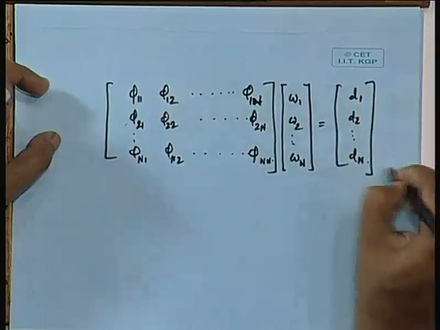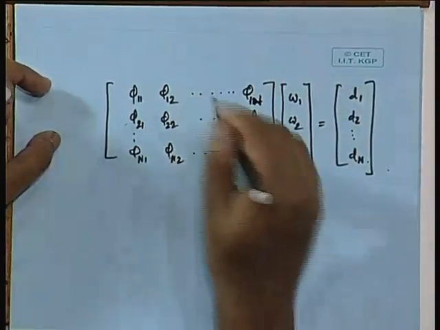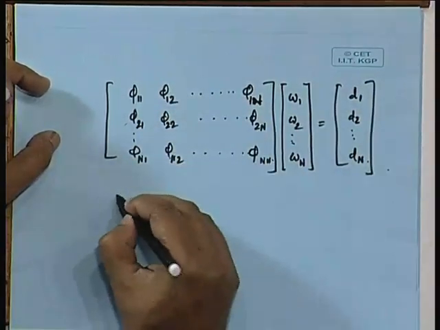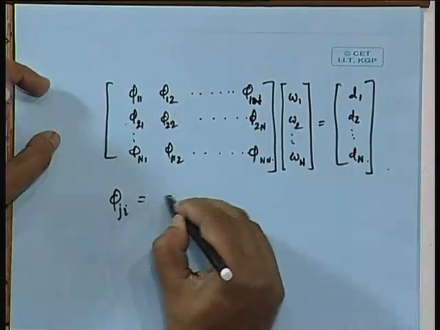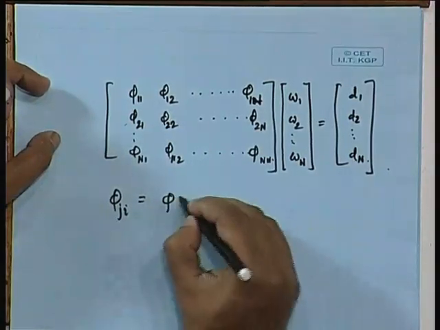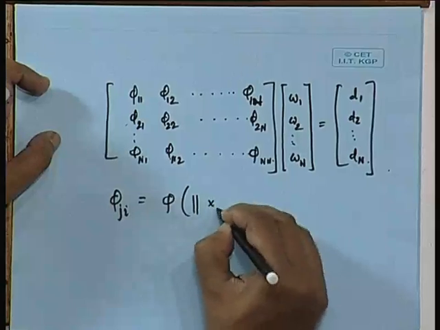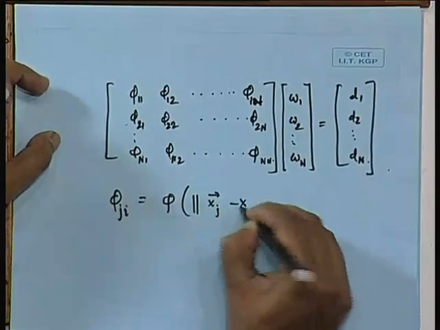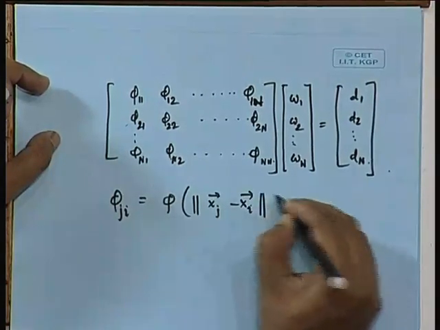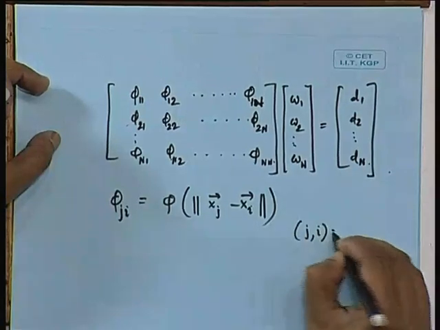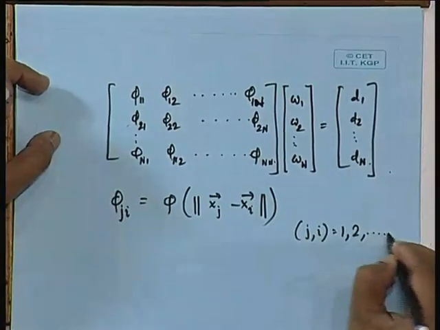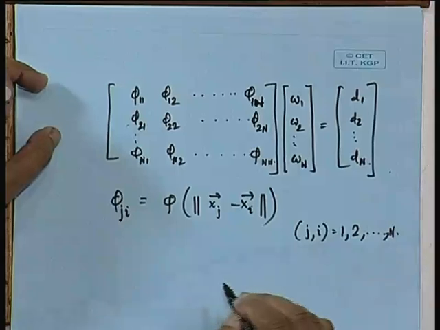Now, here the meaning of this double superscript, double subscript is that we define phi ji as the phi function of the norm of xj minus xi, where j and i both vary from 1 to n.